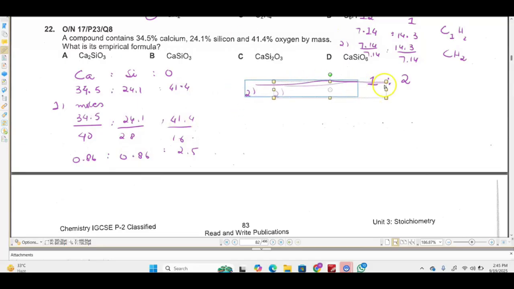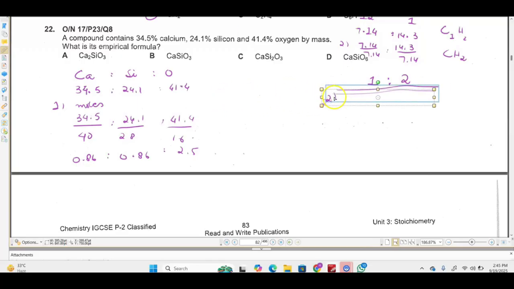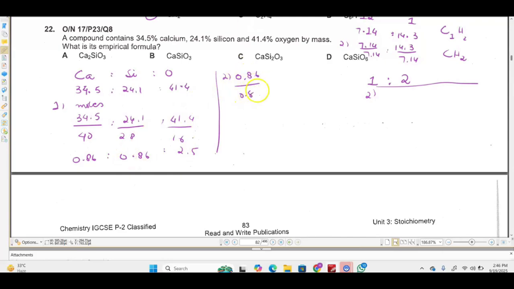The second step is to divide these by the smallest value. Out of these, 0.86 is the smallest one, so it's going to be divided with that of calcium, with that of silicon, and with that of oxygen.